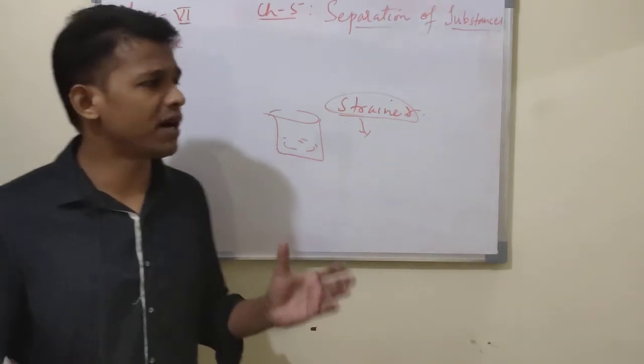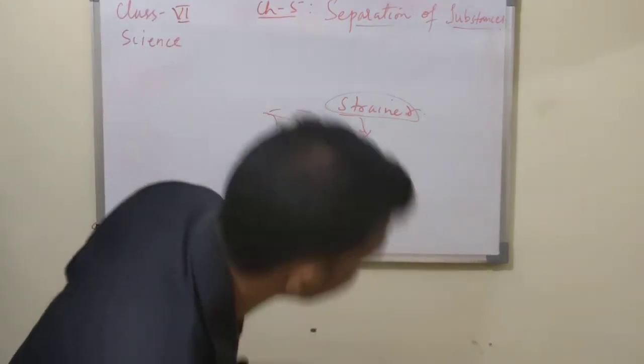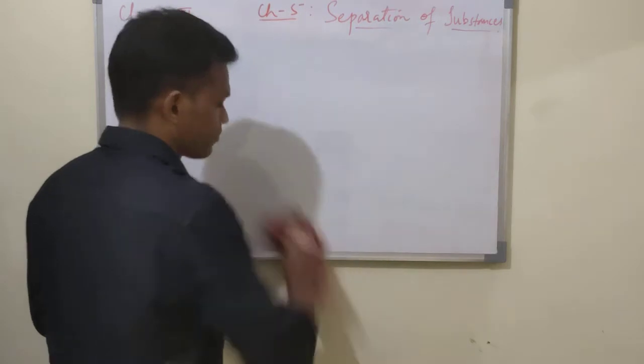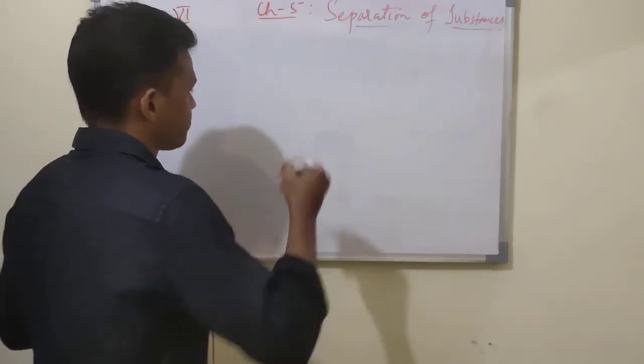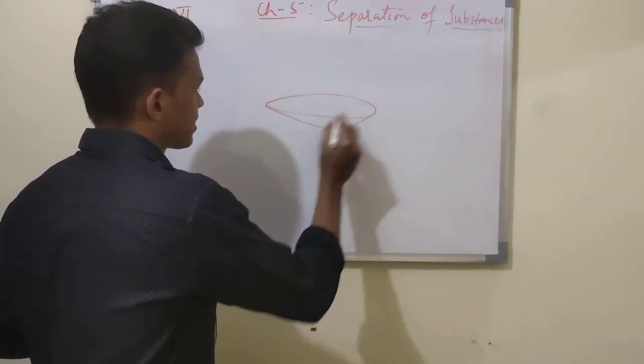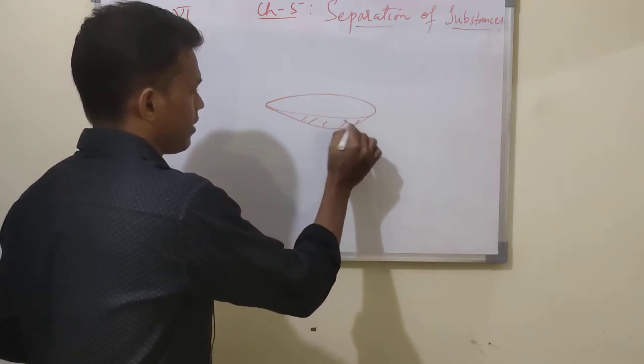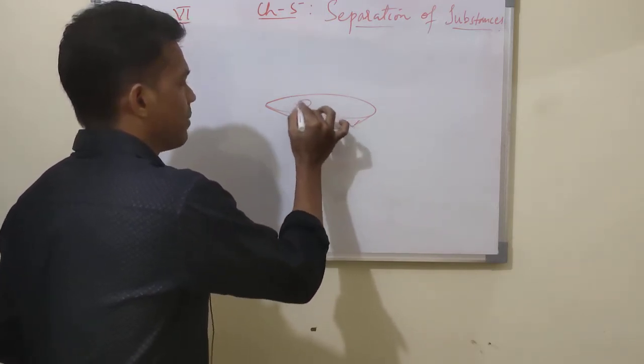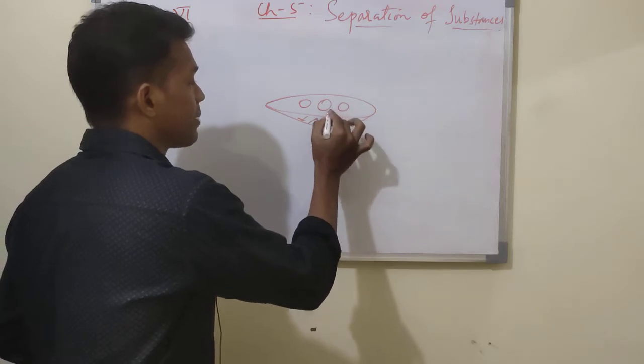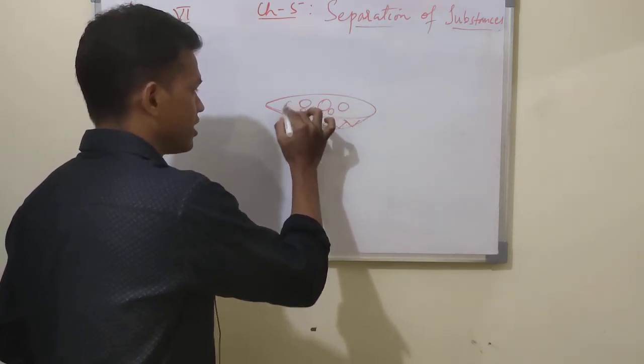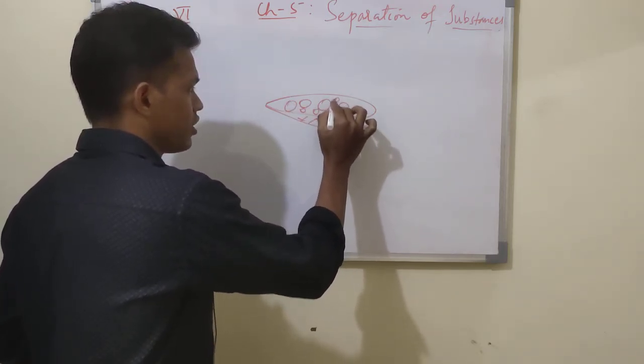If you take a basket, for example, and in that basket you have mangoes and some guavas of smaller size. This is a mango. This is a guava.